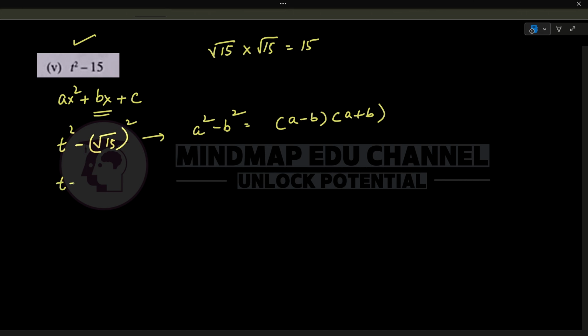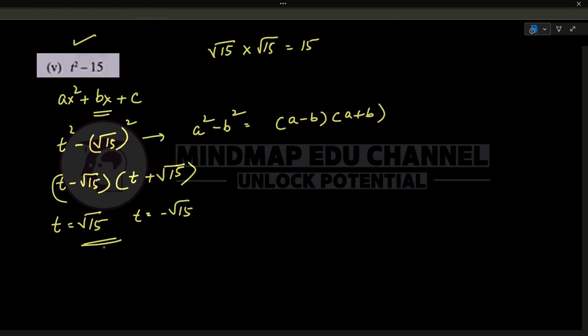Now let's write this. T minus root 15 and t plus root 15. So we'll get two zeros for the polynomial. T is equals to root 15 and t is equals to minus root 15. Now let's verify the relation.